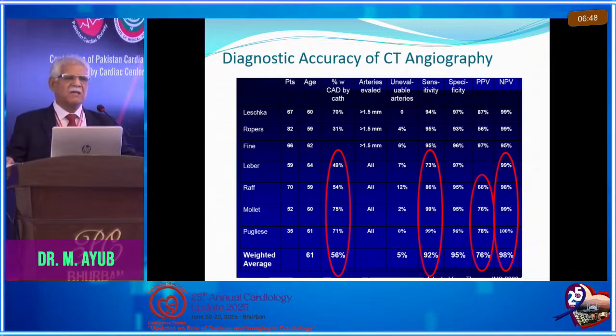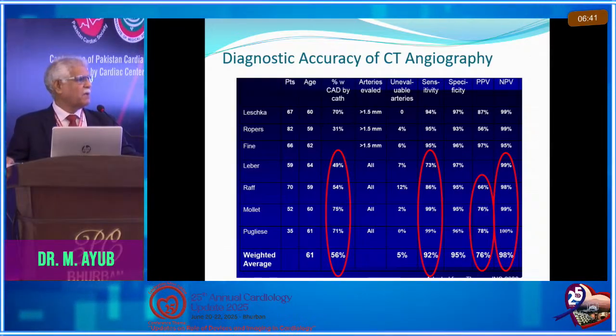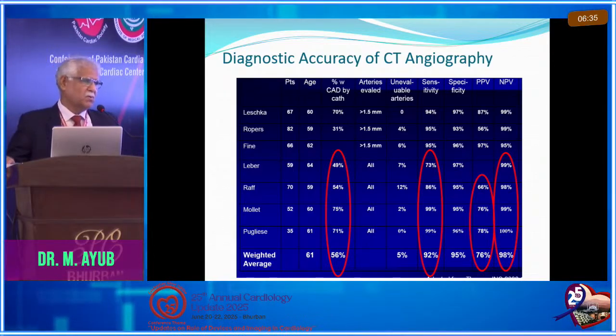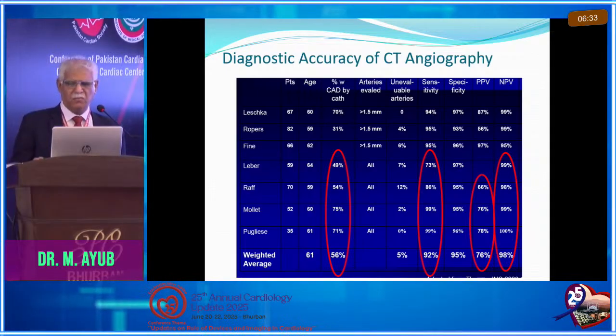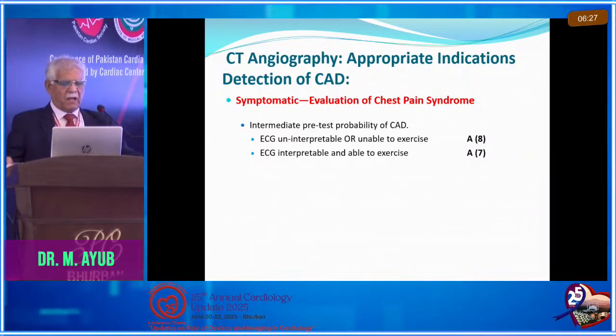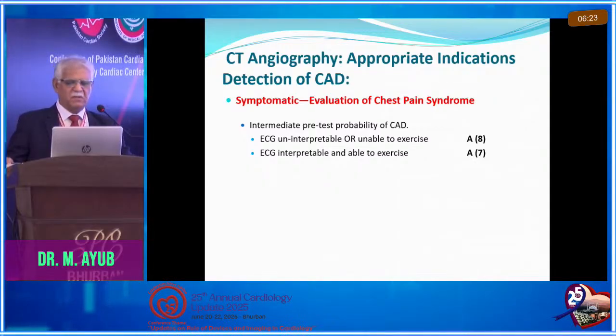As far as the contrast angiography is concerned, it has reasonable sensitivity and specificity. But the best thing about CT coronary angiography is that it has excellent negative predictive value. So this is a very good tool when you need to rule out coronary artery disease. CT angiography is indicated if you have a patient with chest pain syndrome and there is intermediate likelihood of coronary artery disease.